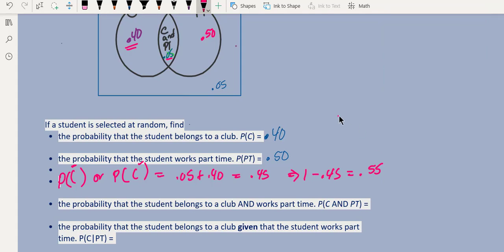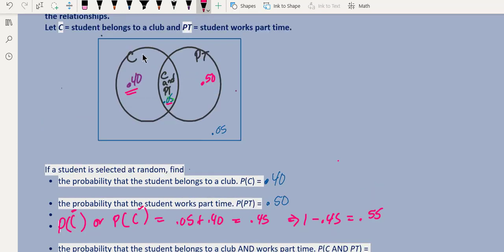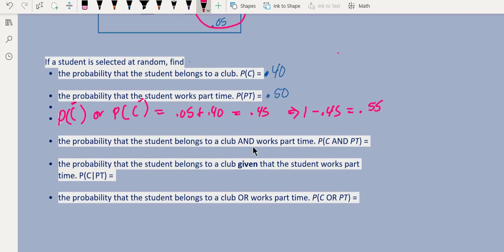So that's how we found the complement. We added up what we had in our circle for C, and then subtracted it from 1, or whatever was left over out here. We could have easily just looked at this as well to see what was hanging out outside of C too.